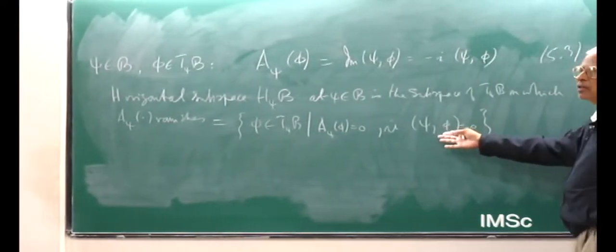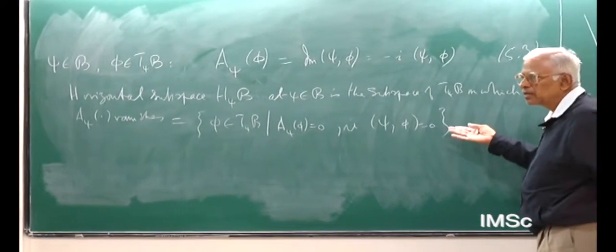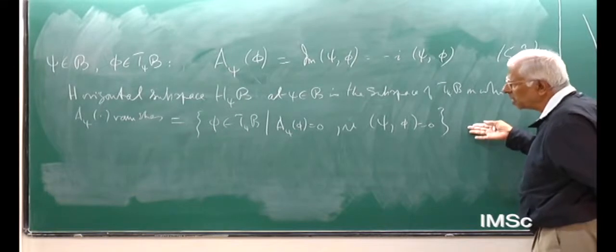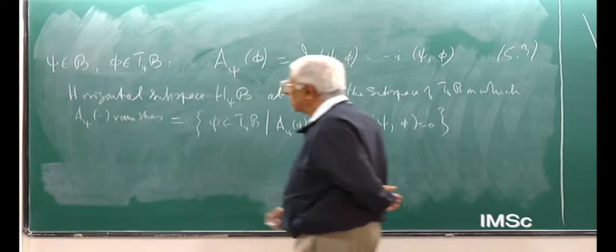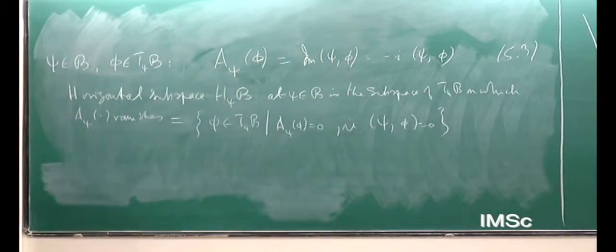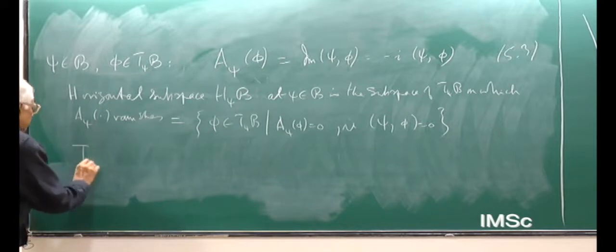All vectors orthogonal to psi: n minus 1. Complex dimension n minus 1, real dimension 2 times n minus 1. And now you can see, here is the vertical part, here is the horizontal part.